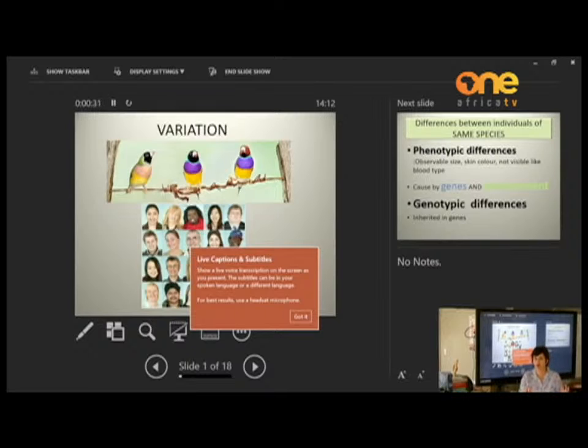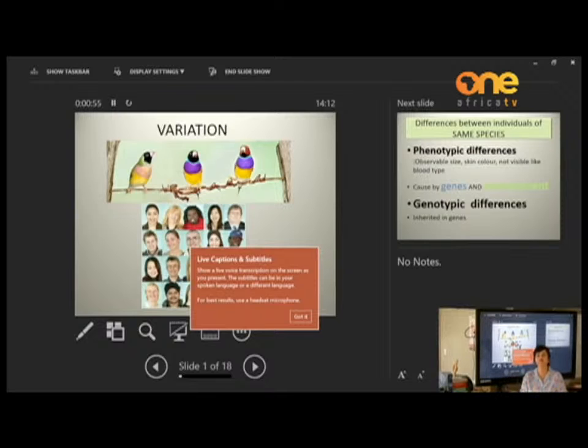Sometimes we know the genes can be masked because there's a recessive gene, and then it is not visible in the characteristics. But eventually, we can see a lot of variation in a specific species.